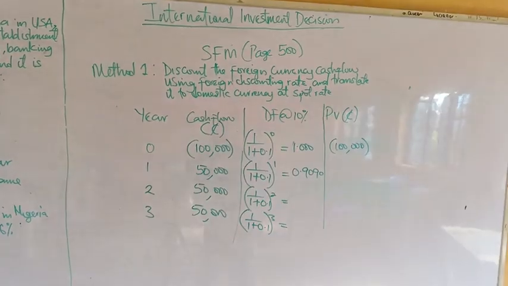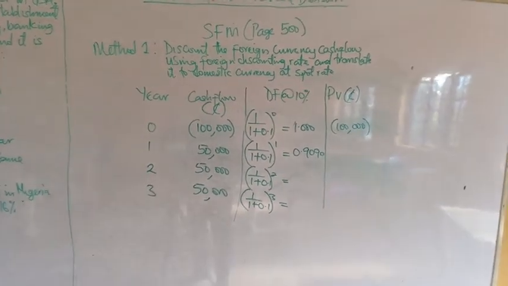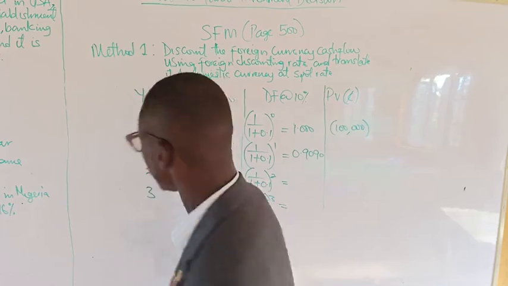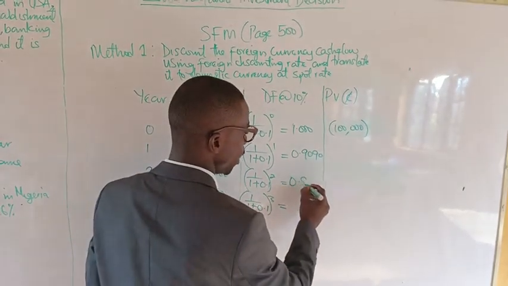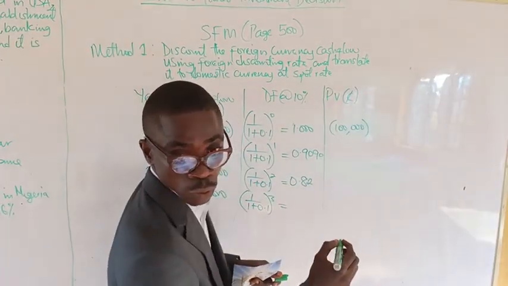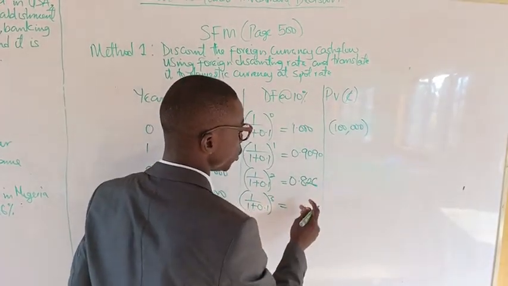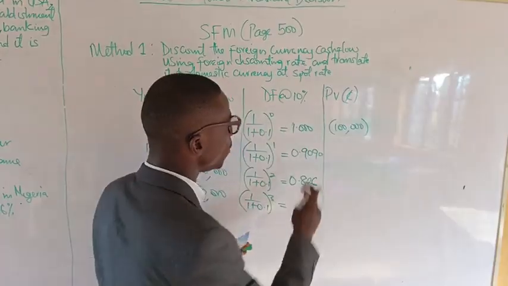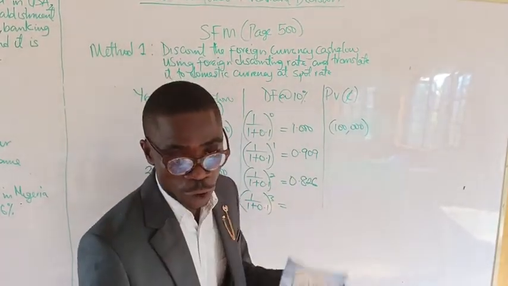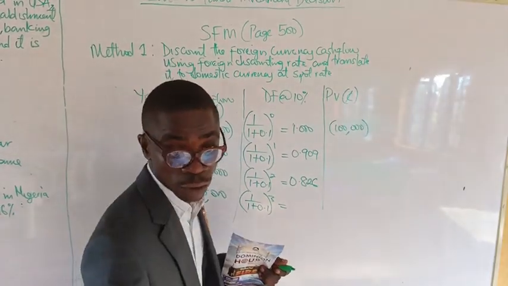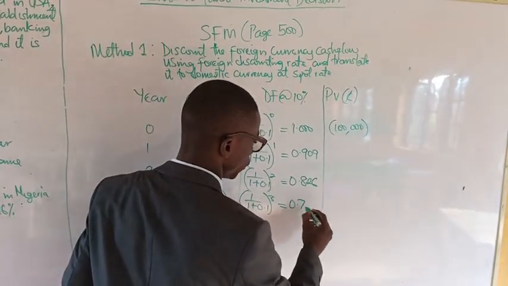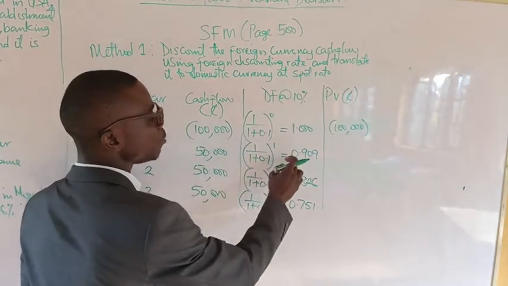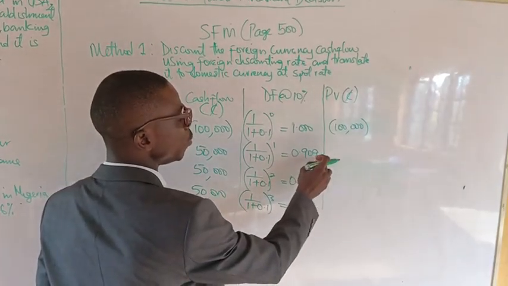What will be the discounting factor? 0.8264 for year 2, and 0.7513 for year 3. Are you not using 3 decimal places? I'm using 4, but let me use 3 so that I can be fast. You can use 4 or 3. The second one is 0.826 and the third is 0.751. So 50,000 times 0.909 will give us what?